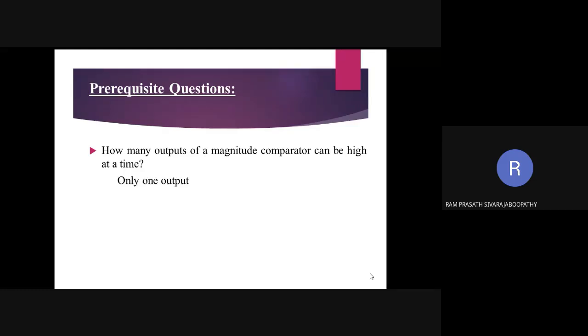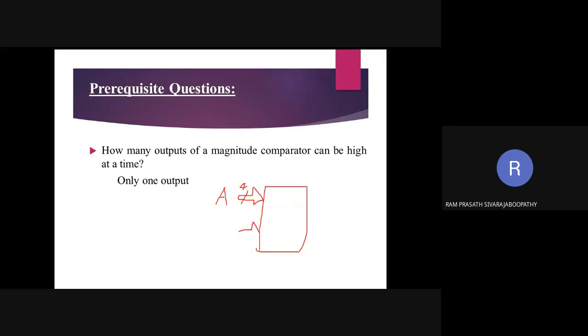Can you type it in the chat? If I want to design a circuit for whether A is greater than or equal to B, what do you have to do? Consider I am having a 4-bit magnitude comparator. I am giving the data A, which consists of 4 bits, so I am marking 4 lines in the arrow.